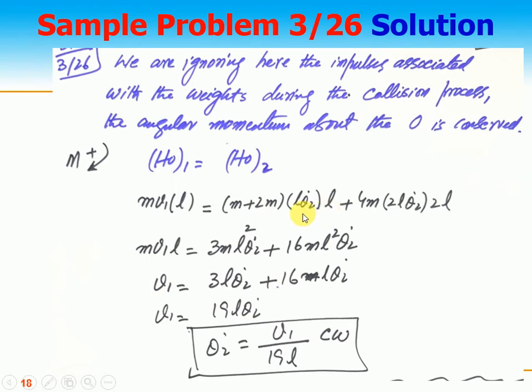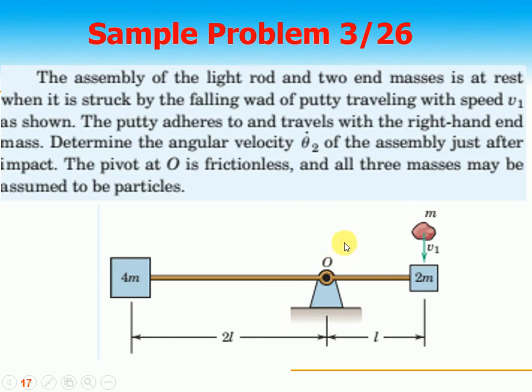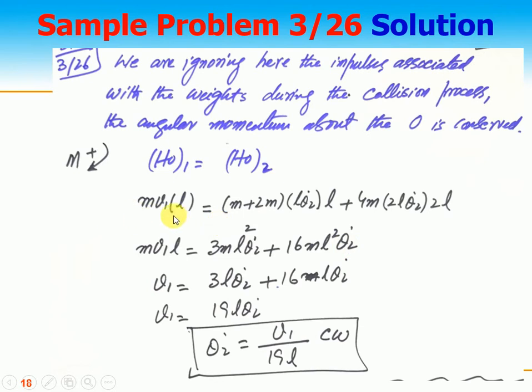Then there is a velocity v equal to r theta, that is l theta 2 dash, the angular velocity, because this body will rotate like this and then come back with this swing. So this is the moment before the collision, and it is simple. The angular momentum is only of the small mass, then it is a larger mass, and then we move to the other side. It is 4m.